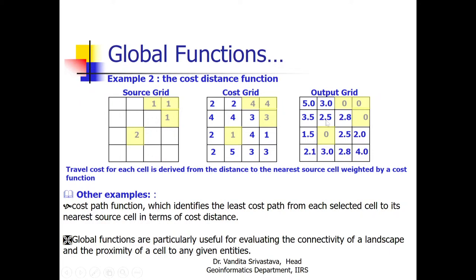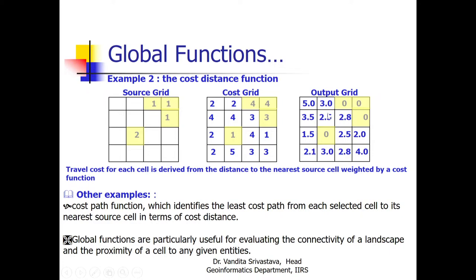So that is why this becomes 2.5. If you consider it like this, then an additional cost of this and this will be there. That's why this is not the nearest source. This is the nearest source, and the distance to travel to this nearest source considering the cost grid is 2.5.